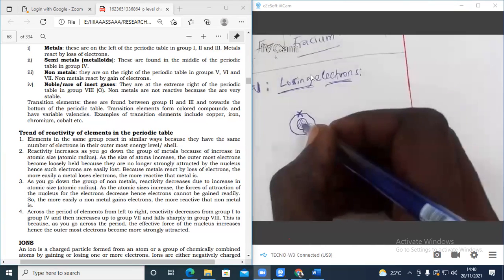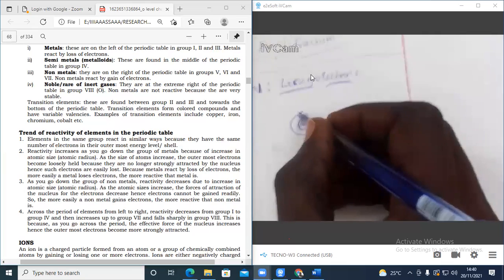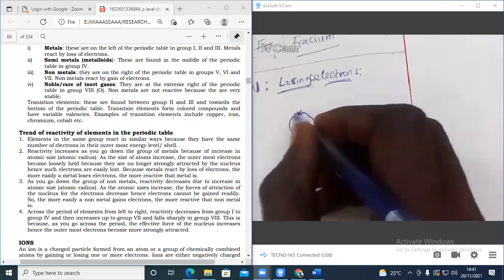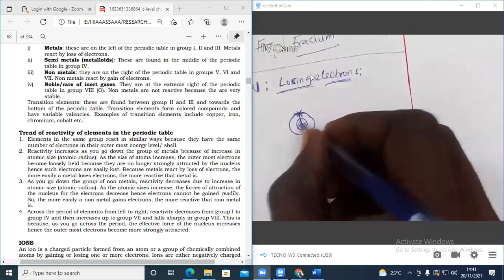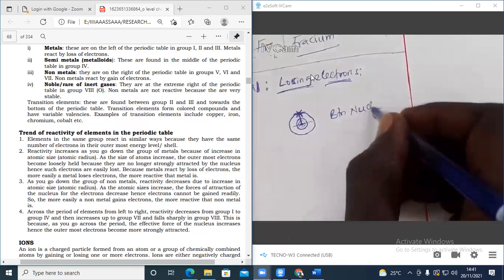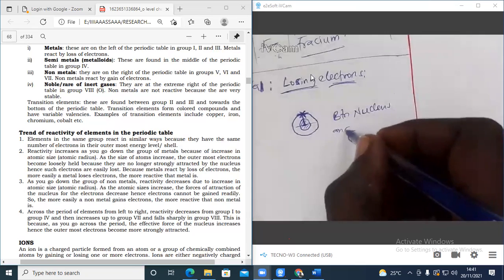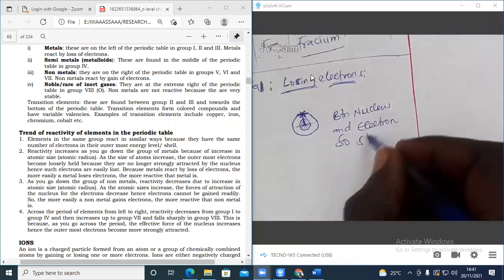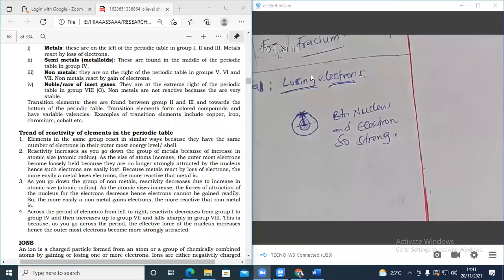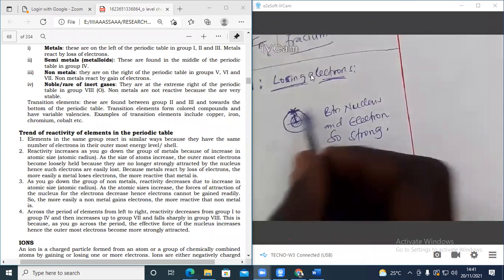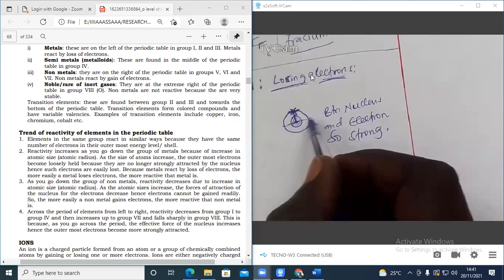The distance between the nucleus and the electron is small, so the force of attraction holding this electron is so strong. If it is strong, this electron cannot be lost easily because of that small atomic radius.